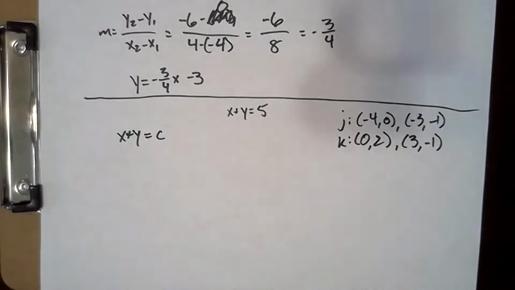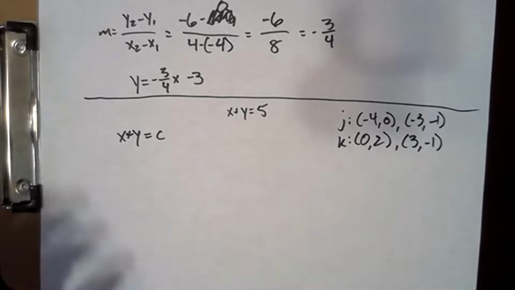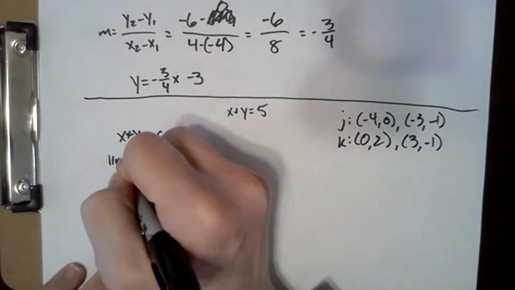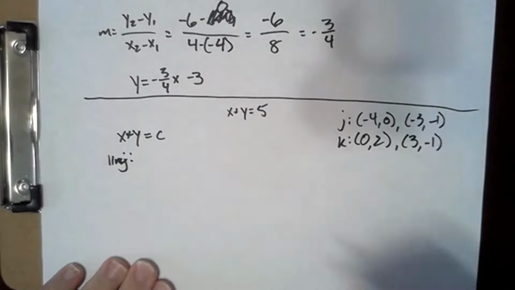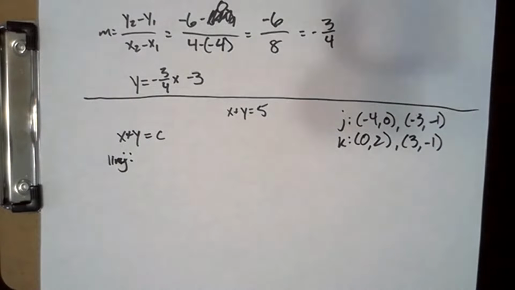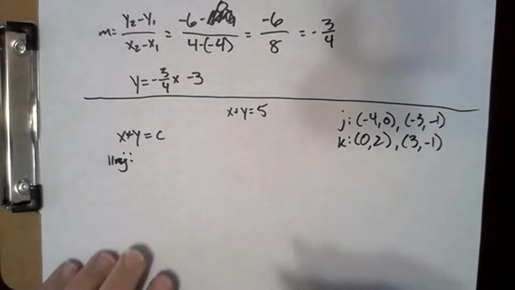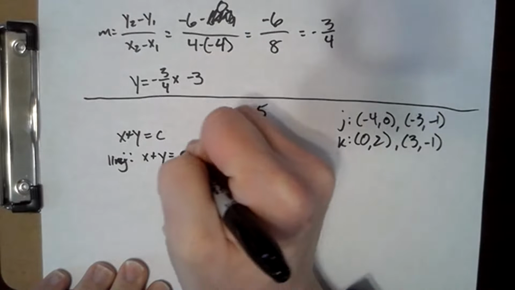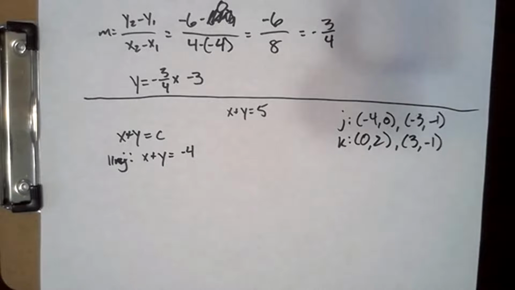Well, to find c, we just take the sum of the x and y coordinates of any point. So line j, if we take -4 plus 0, that's -4. If we take -3 minus 1, that's -4. So x plus y equals -4 is our line.